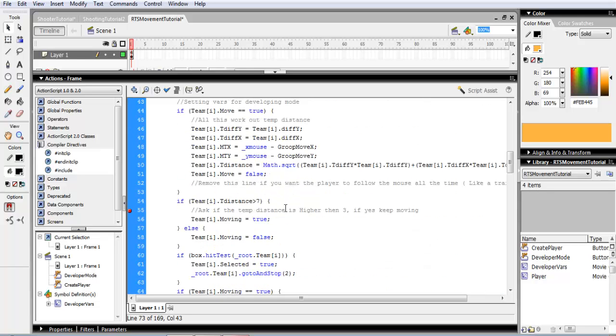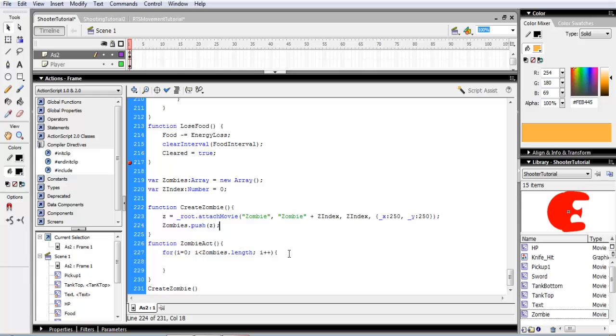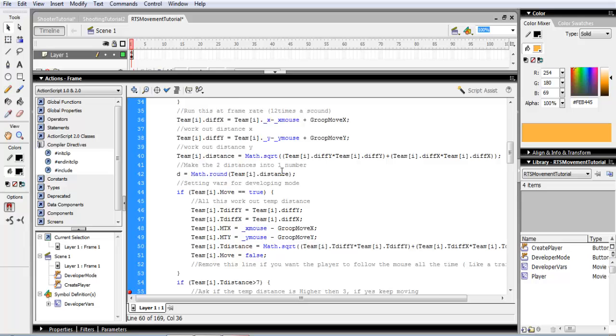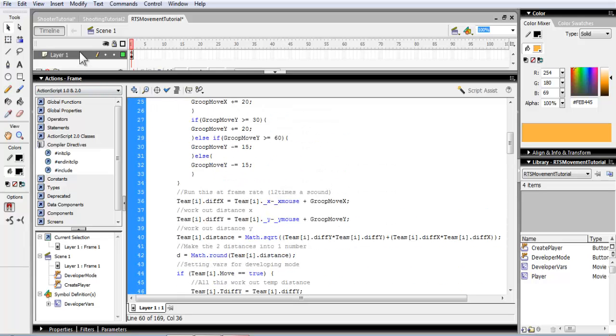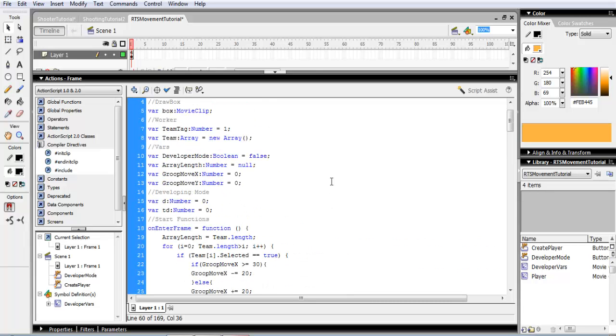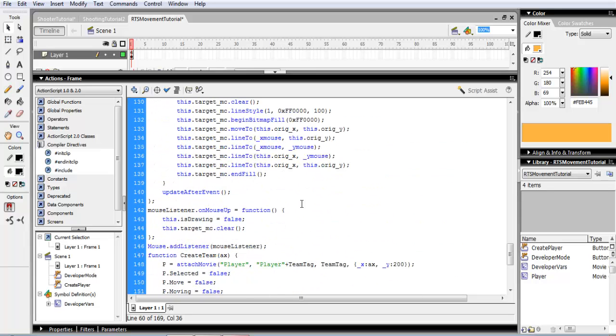But before we use that, we'll have to do something else. Where did I do it here? How did I do this? I just forgot, this was ages ago, a good couple of weeks.